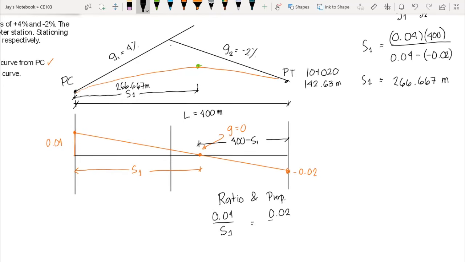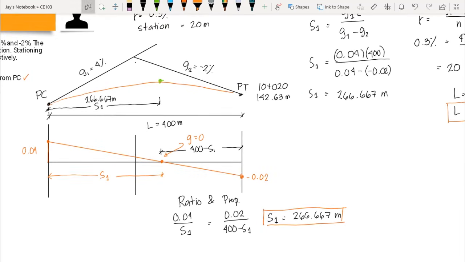By further simplifying, we have S1 equals 266.667 meters. So we have the same answer as using the formula. This is the location of the highest point or the summit from PC.